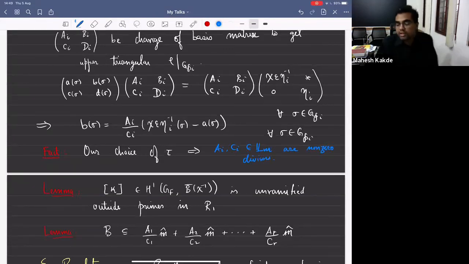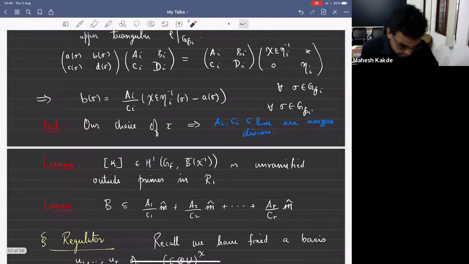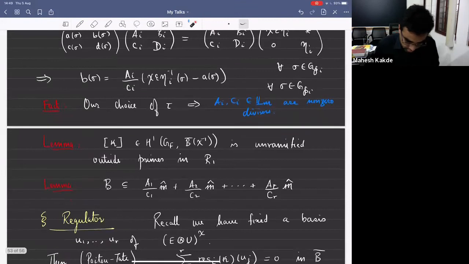It's not enough that they are non-zero, they must not be zero divisors, which is what we need. So first of all, I can invert them; they are units in L_M. And so this is the relation I get. This is how our choice of tau is used to show something is non-trivial now.